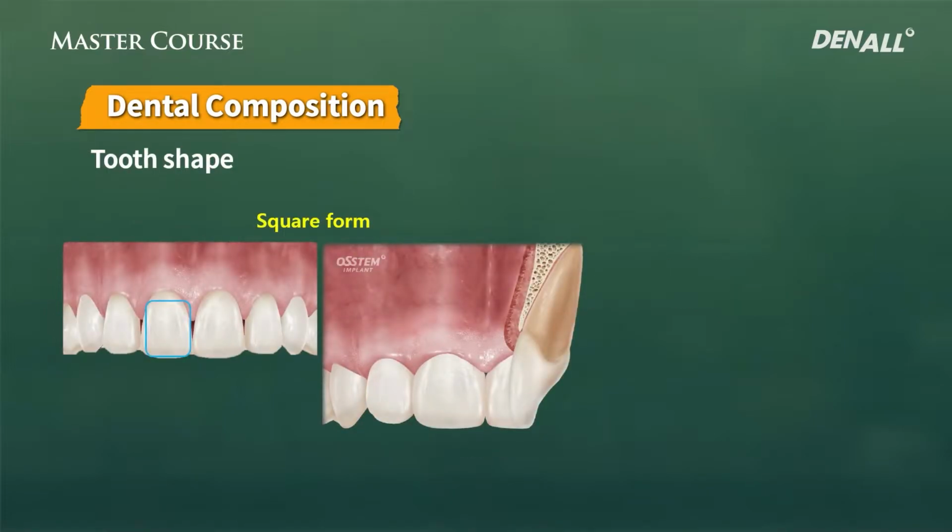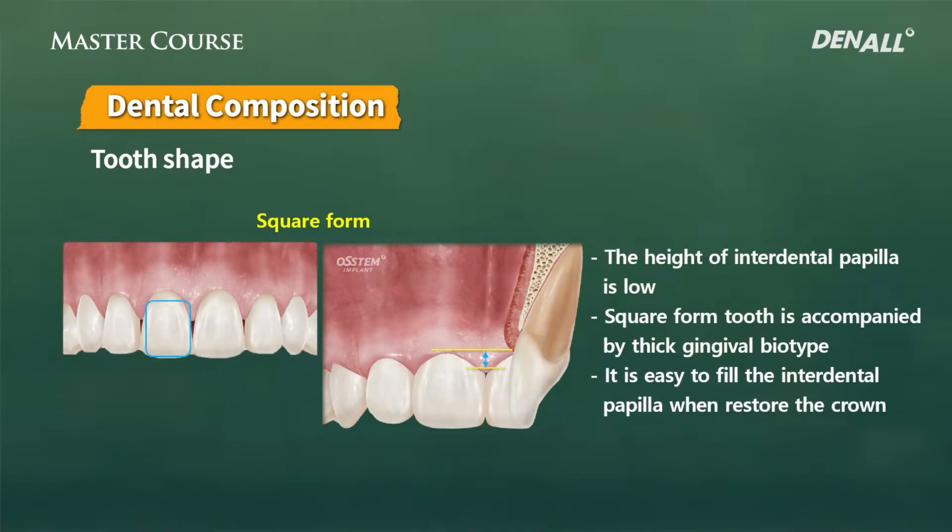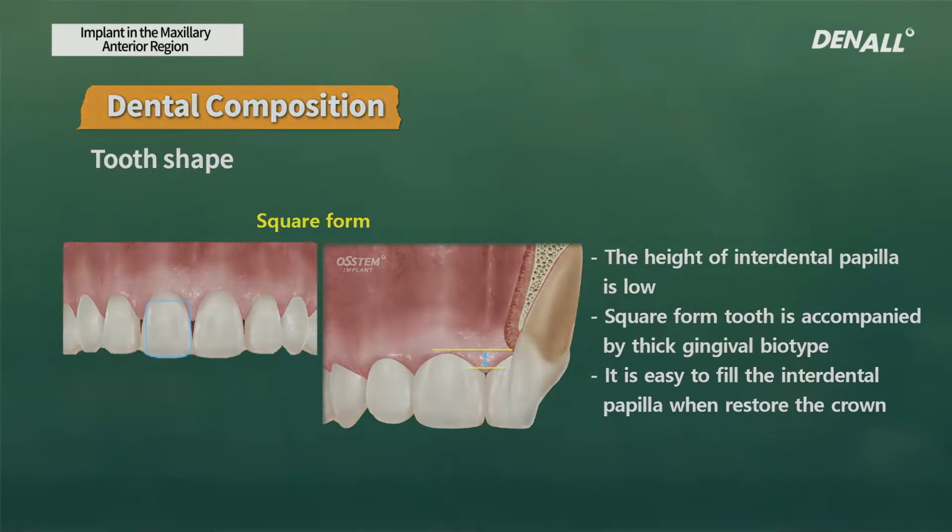If the tooth shape is square, we can approach it more easily than the triangular form because the height from the contact point to the bone crest is short, so it can be filled up rather easily.